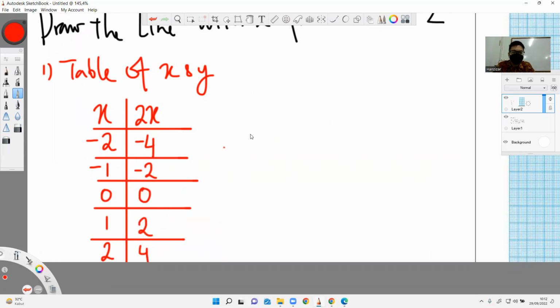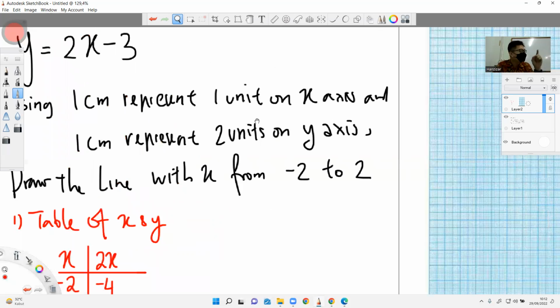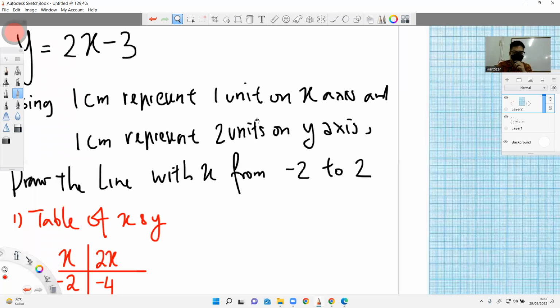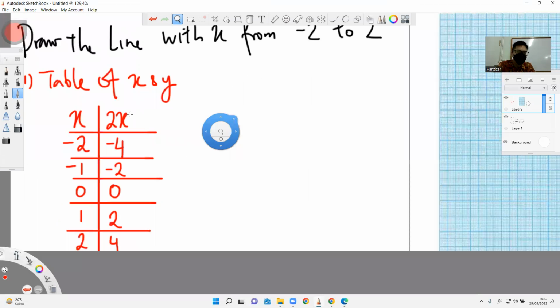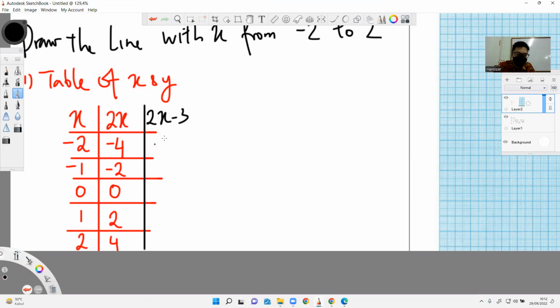Are we done? No, we have to subtract everything by 3. Subtract everything by 3. You will get the y, right? What is it? Yes, that's it.